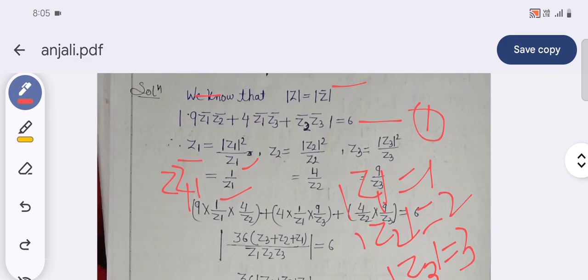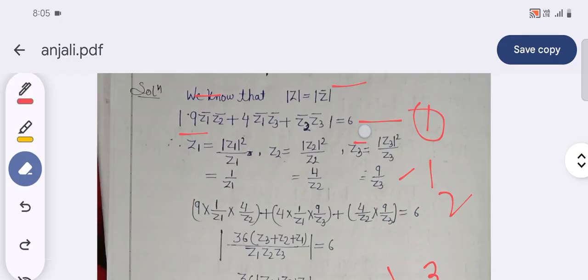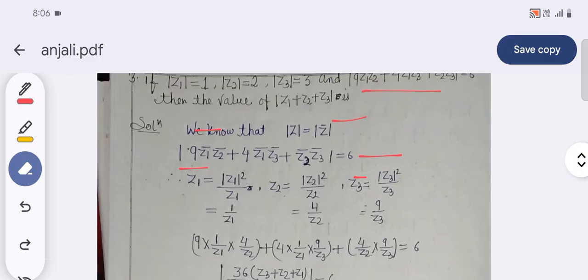It is clear? And z2 conjugate, what is the value of mod z2? 2. 2 square is 4 upon z2, and z3 conjugate will be 9 upon z3. It is clear? Then put the values in the first equation. Okay?